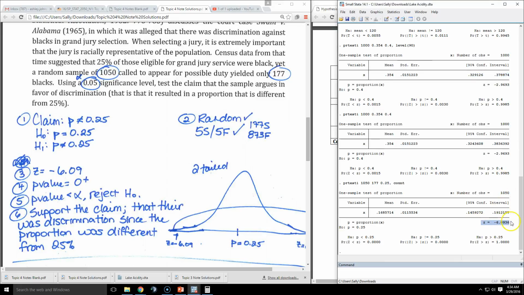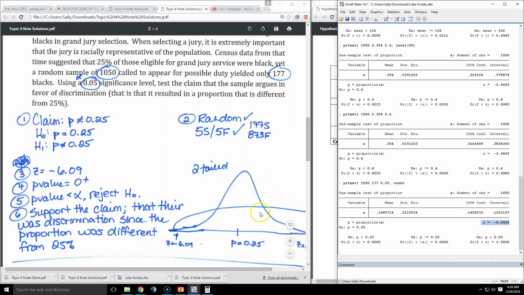So when you hit OK, you get a pretty far out z-score, and not far out as cool. In this case, far out as wow, they really messed up. So z equals negative 6.09. When you go down to the p-value here, you do not put 0. There's no such thing as a 0 p-value. Technically, nothing is impossible.